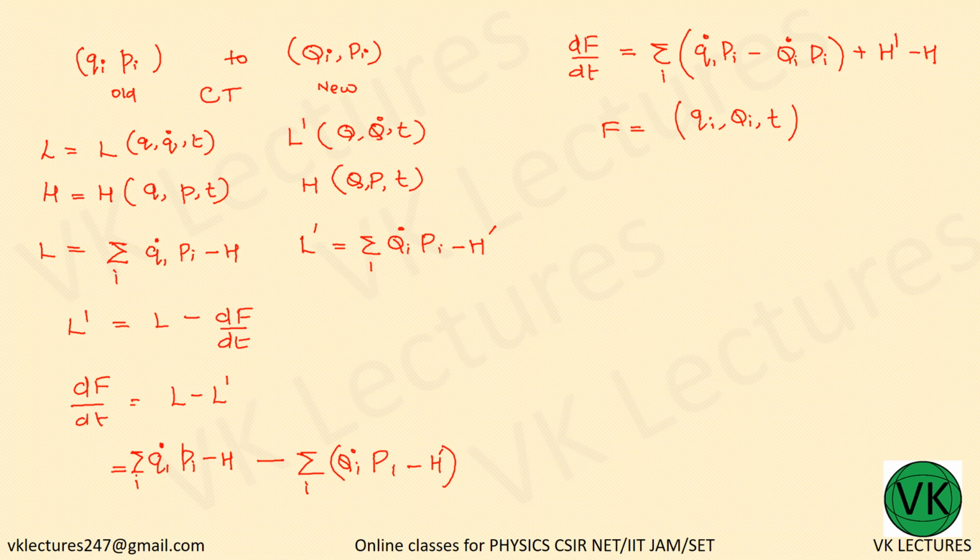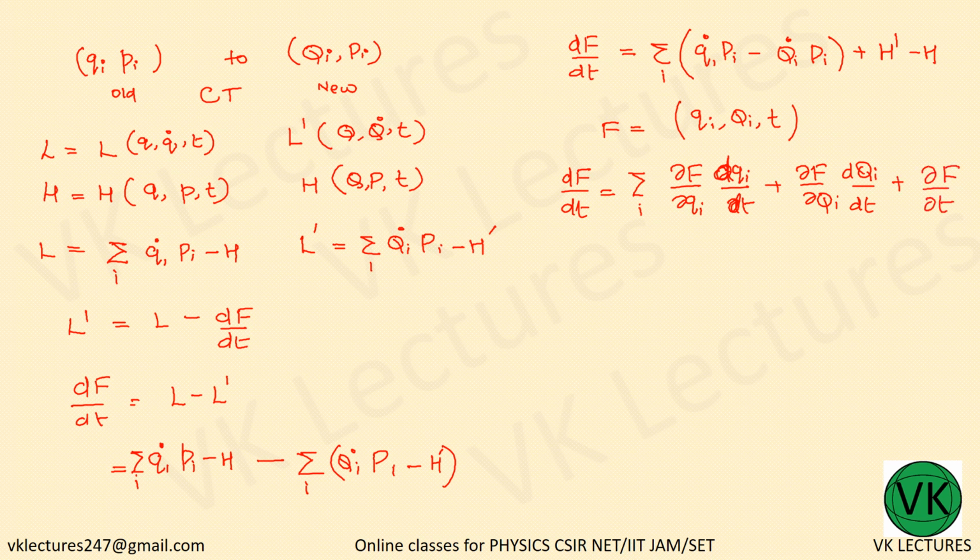Then we can write df by dt as the sum over i of dou f by dou qi into dqi by dt, plus dou f by dou capital Qi into dQi by dt, plus dou f by dou t. So yes, partial derivative of f.